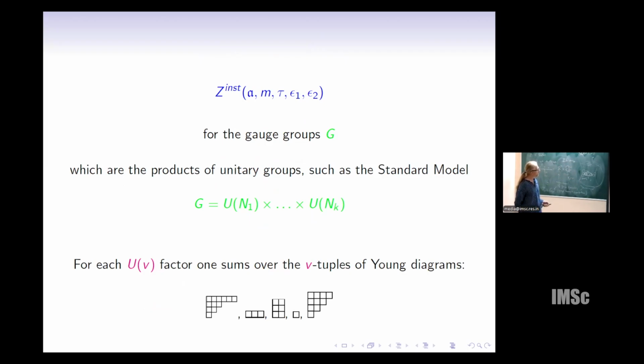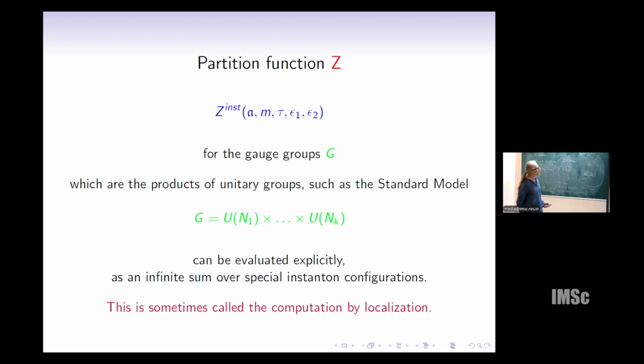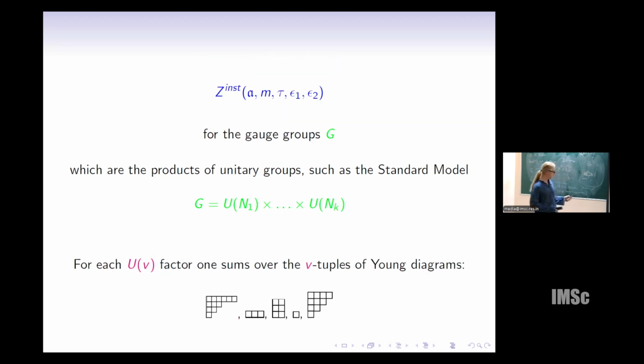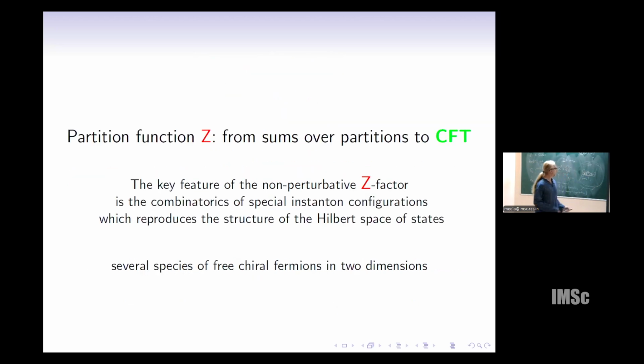For each factor in the gauge group, you will be summing over a collection of n-tuples of Young diagrams, where n would be the rank of the corresponding factor. So if I have k factors, then I will be summing over n1 Young diagrams for the first factor and n2 Young diagrams for the second factor, and so on.